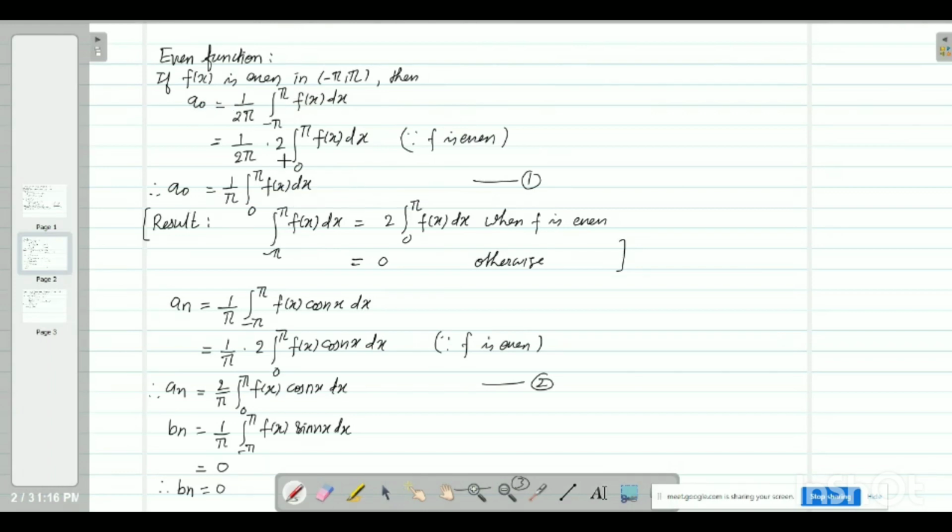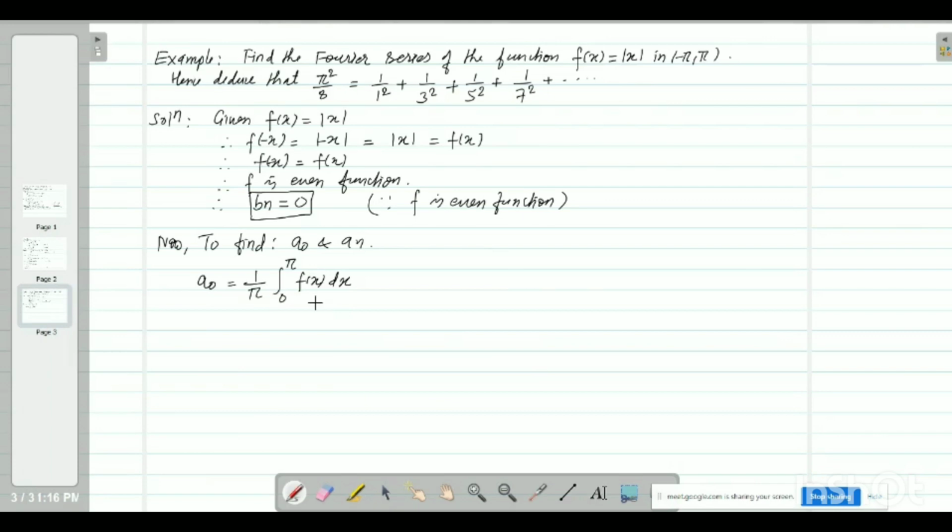From this we obtain this, so I am using this formula. So this is equal to 1 upon pi integration of limit 0 to pi f of x, where f of x is mod of x, dx.